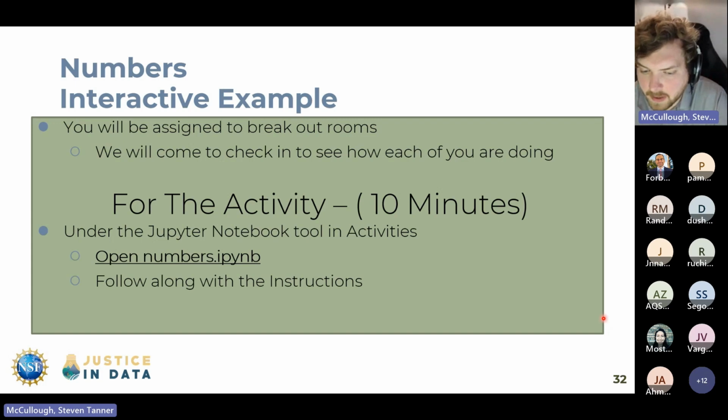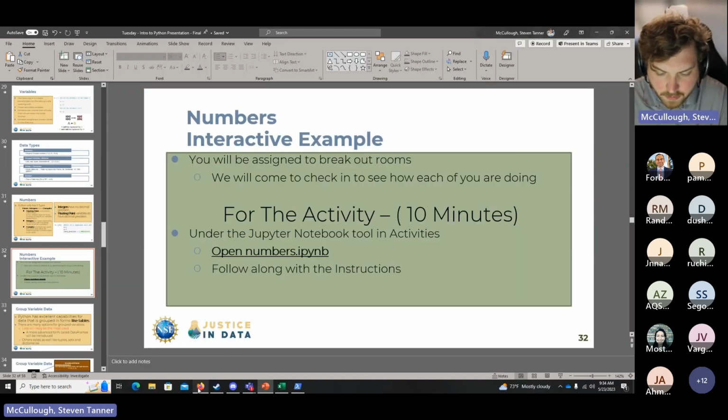This is the IPYNB file called numbers. If you click on that, it will launch Python Notebook. And I can show you from my side what that will look like. And I will work with this with y'all slowly on this here.